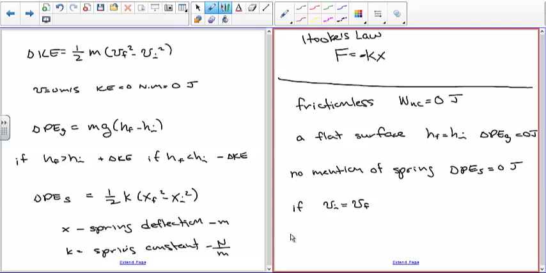One special case is when it starts at rest and it ends at rest, and there's 0. So think of a bungee cord. So those are the cases where you can get rid of at least one. A lot of times you can get rid of 2 of the terms.